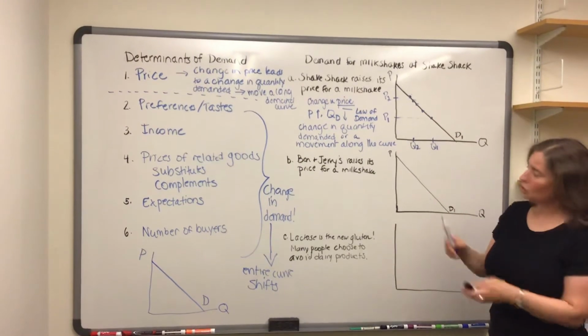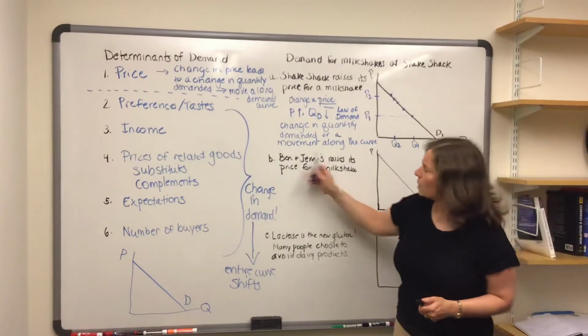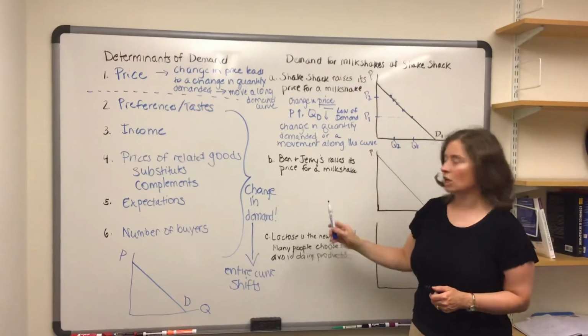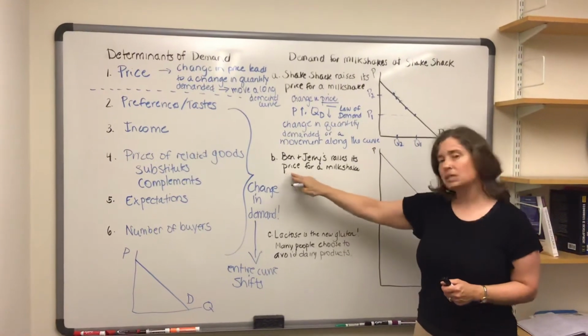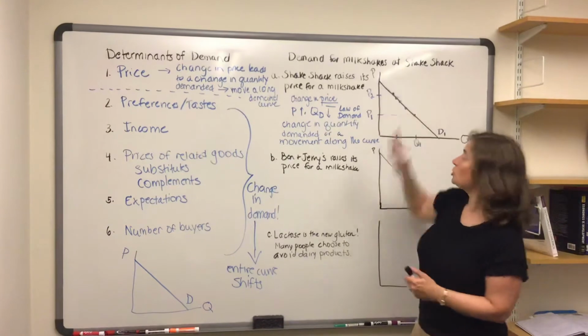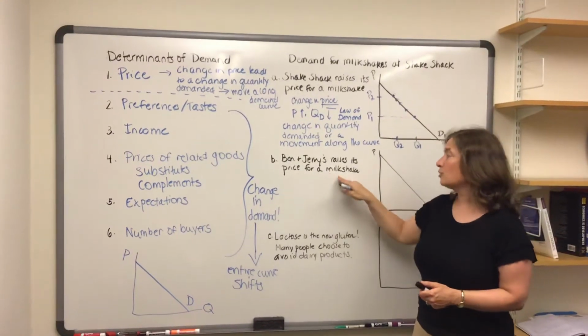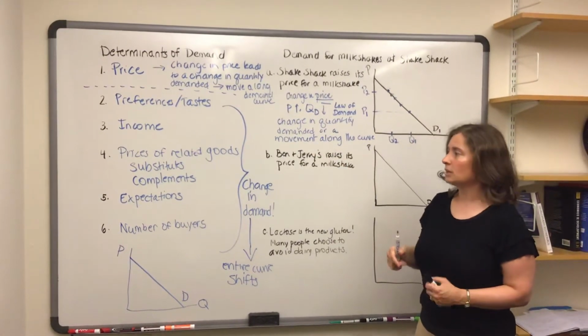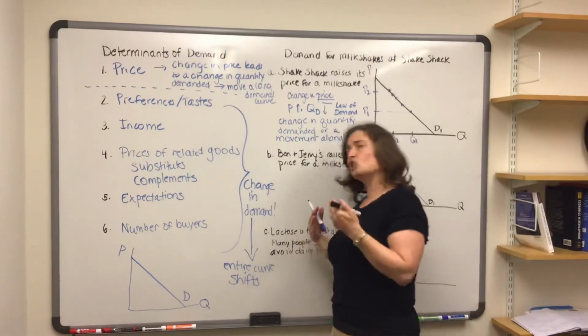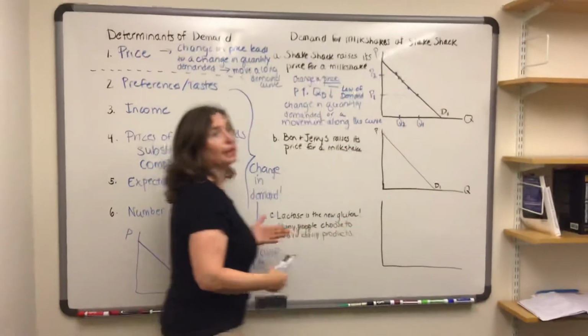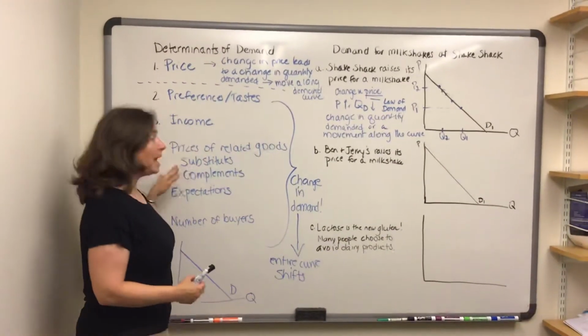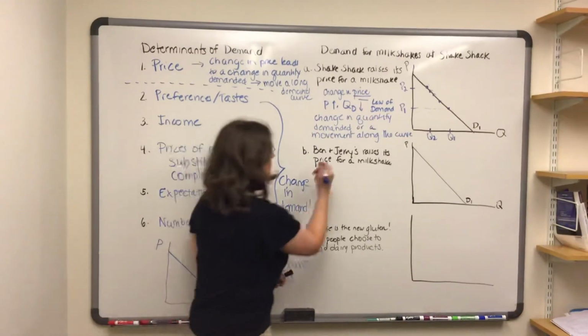All we really need to do here is identify what type of determinant of demand is changing. Now it's a price, but it's not the price of milkshakes at Shake Shack, it's the price for a milkshake at Ben & Jerry's. And that, as I said, is an alternative place to buy something like a milkshake. That means it's a substitute.